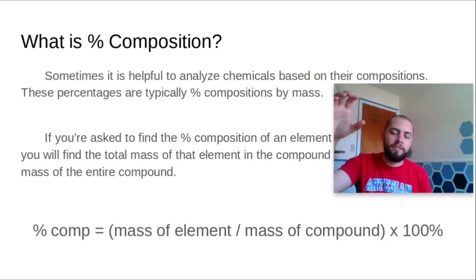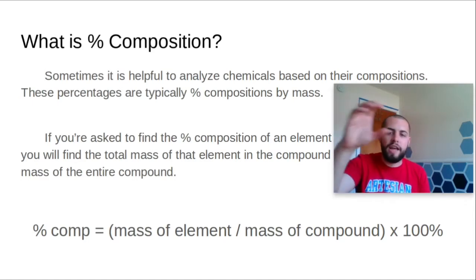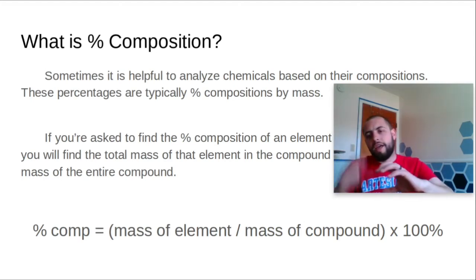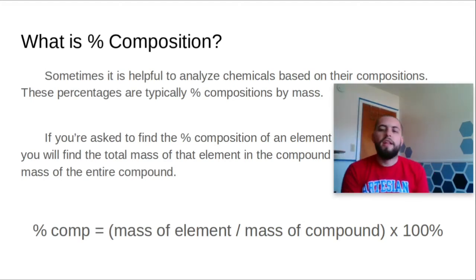Maybe it's the mass of all the carbon or the mass of all the oxygen, whatever the question is asking me for. In the denominator, underneath here, that's where I'm going to put the molecular mass of that compound, the mass of the entire thing, all of the elements and all of the atoms that are in that compound. And we've done problems like that. So you take the mass of the element, divide it by the mass of the compound, multiply it by 100%, and that'll give you the percent composition of the element in that compound.